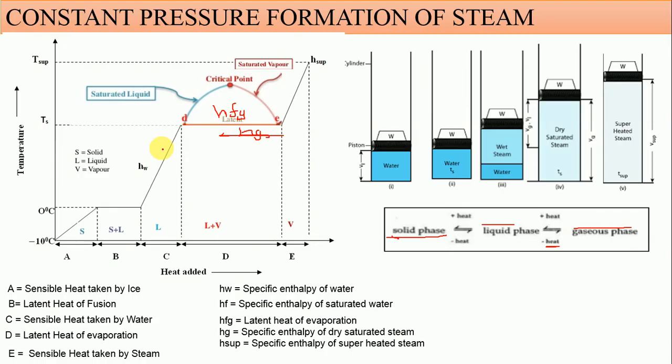In this case, this is the volume of the dry saturated steam, and this is the volume of the superheated steam, which is much more than the dry saturated steam.